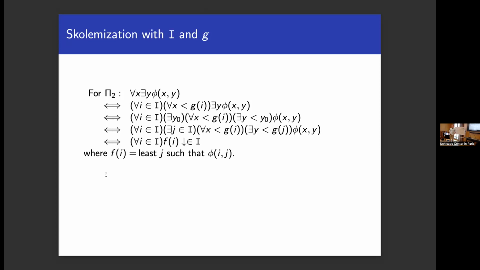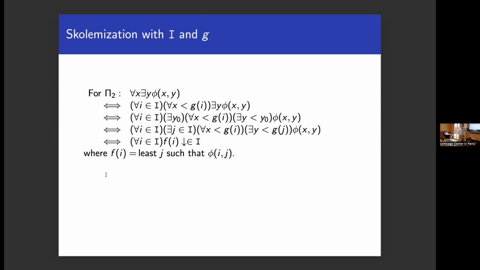It's not possible to apologize for a few rows of symbols. It's just the way it is. But you can see what it comes down to for the first line, at least, is that because g is a cofinal function, every x is below some value of g. So that means every x is below g of i for some i.